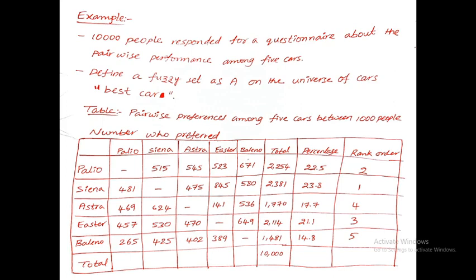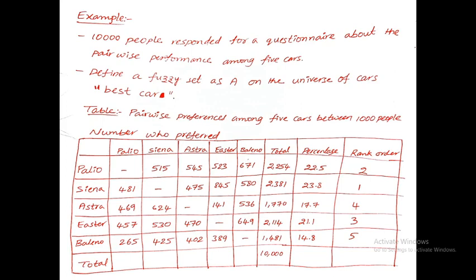Out of the total 10,000 people, the Palio is preferred by 515 people over the Sina, 545 over the Astra, 523 over the Easter, and 671 over the Baleno. Likewise, the Baleno is preferred over the Palio by around 265 people, the last but one row, 425 people preferred it over the Sina, 402 people preferred Baleno over the Astra, and 389 preferred it over the Easter, likewise.